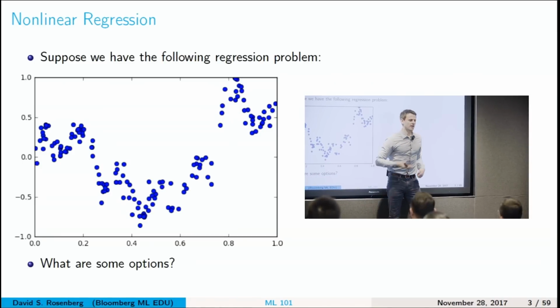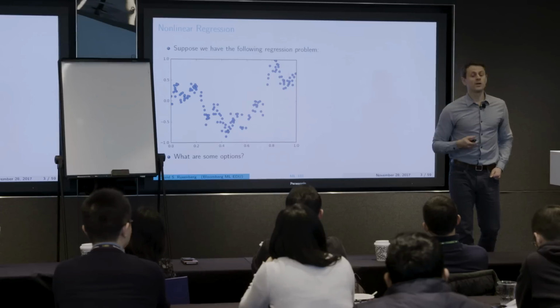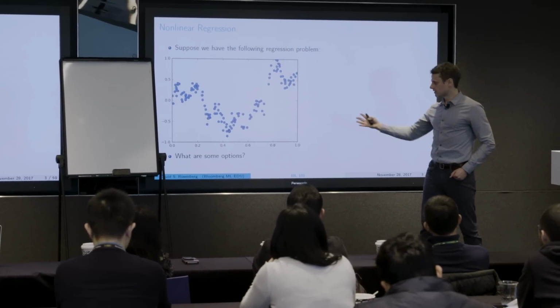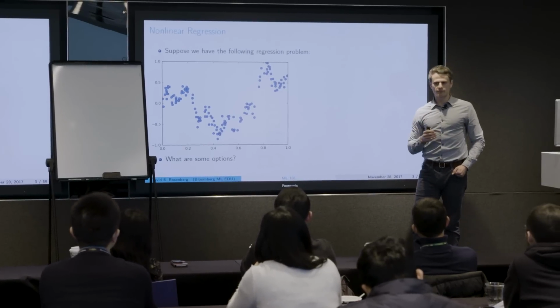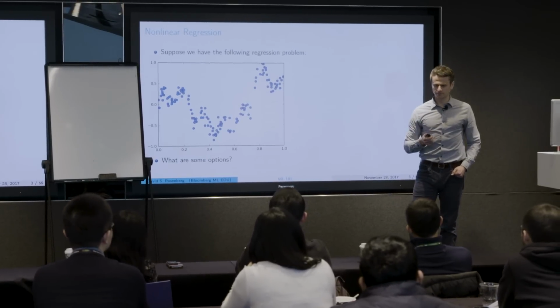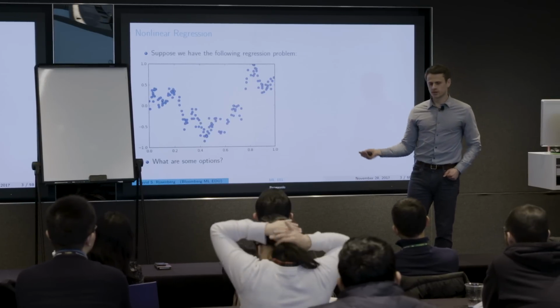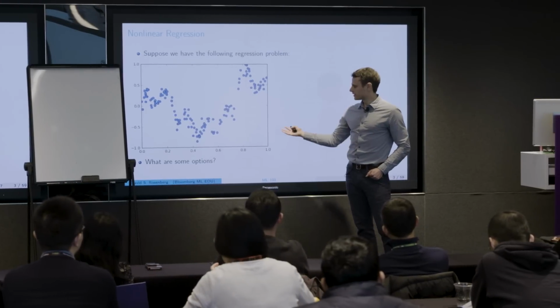Those are your new features, and then you fit with a linear method. Another option? Use a nonlinear method like a random forest? Yeah, sure. Great. We could use a random forest like we discussed last week. Absolutely. There's one other thing that's kind of related that we discussed. SVM with some kernel. Great. We could do SVM with a square loss to make it a regression, and with some kind of a kernel, like an RBF kernel. Or more generally, we could use any kernel method.